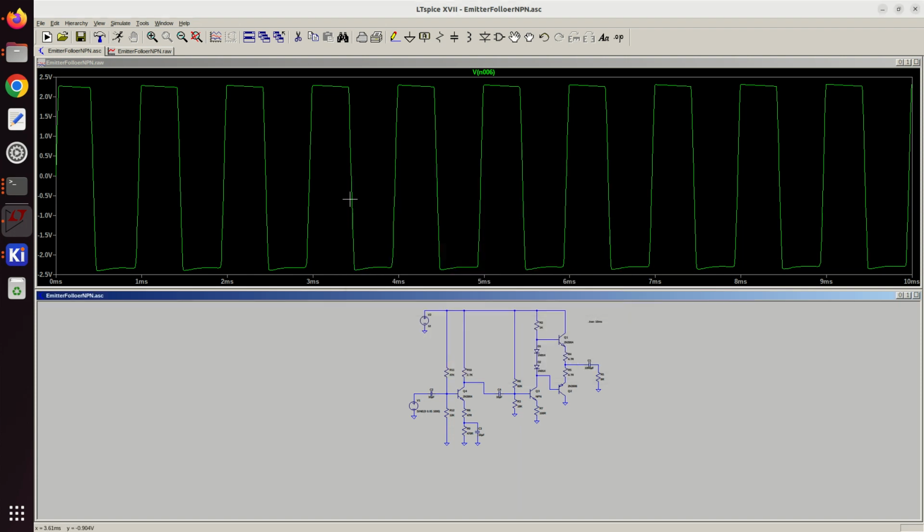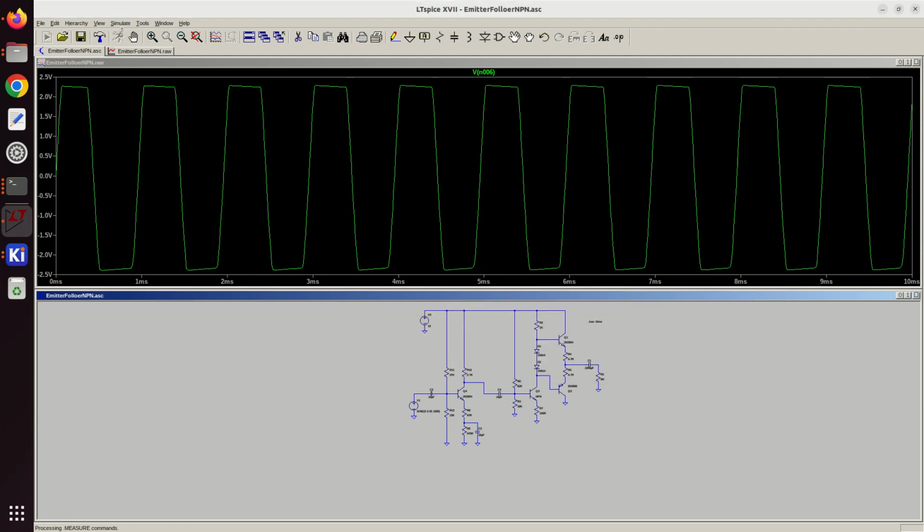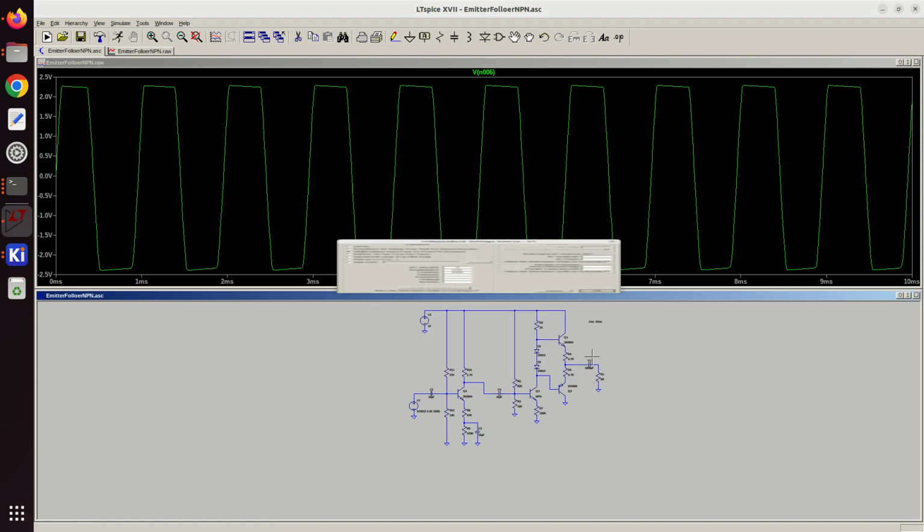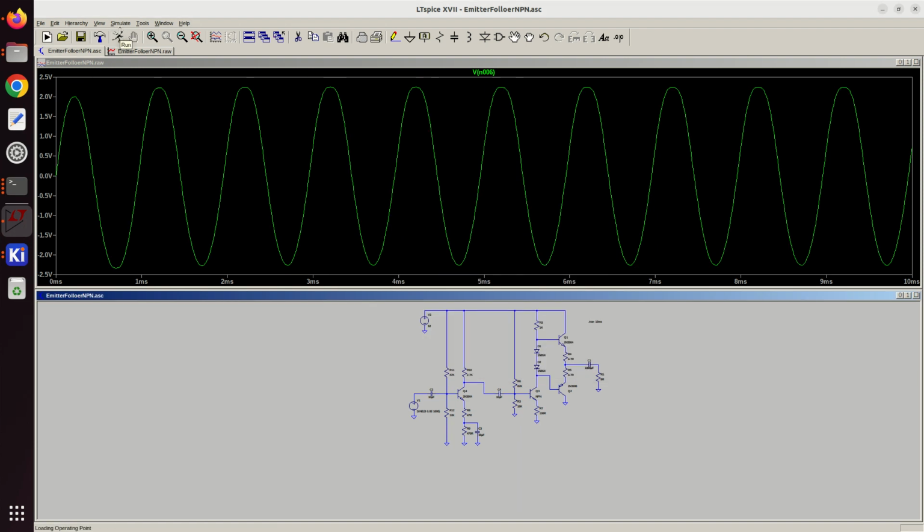Let's run this. Still there. 0.02. So 20 millivolts on the input, and you see it appears to be starting to clip at the top before the bottom. So we're at, what are we at here?